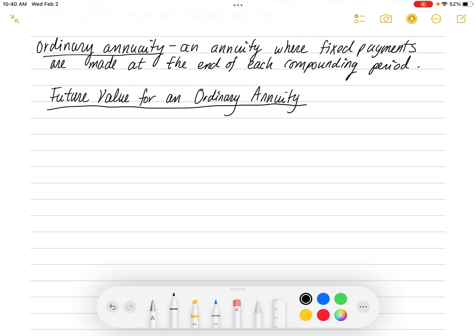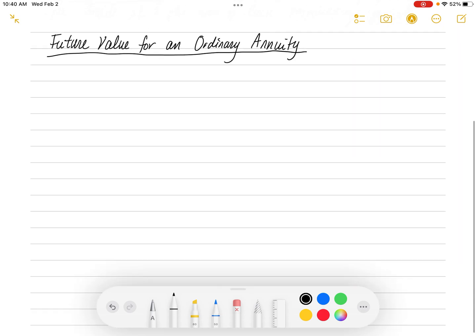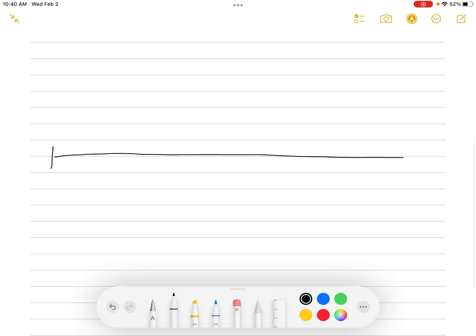So I want to motivate this with just kind of an example before I write down the formula. So here's the idea. Let's draw a timeline. So down at the bottom, I'm going to have time, and maybe this is in months.